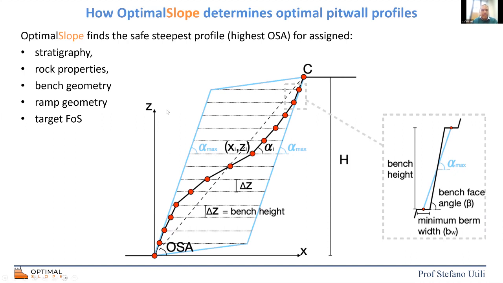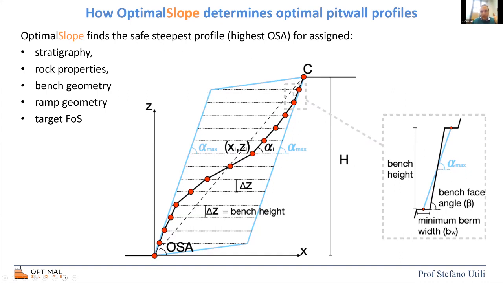So this is why we embarked on this software called Optimal Slope, because the name says what it is on the tin. The idea is for the software to find the optimal slope, and now I can give a definition of what is optimal.